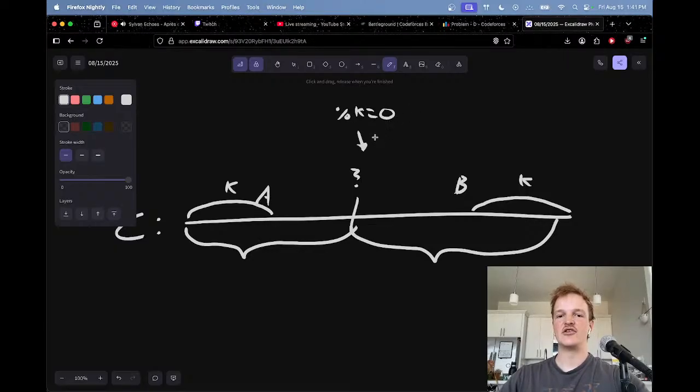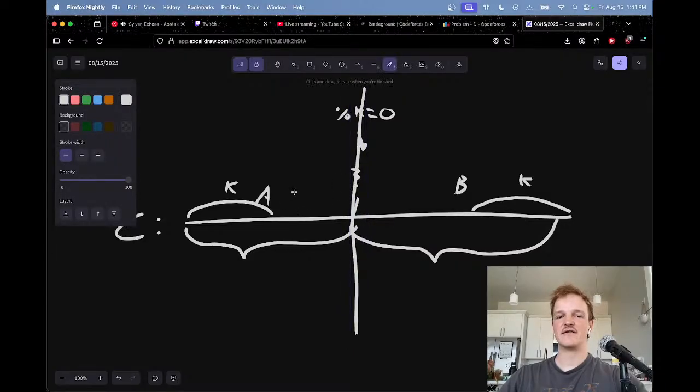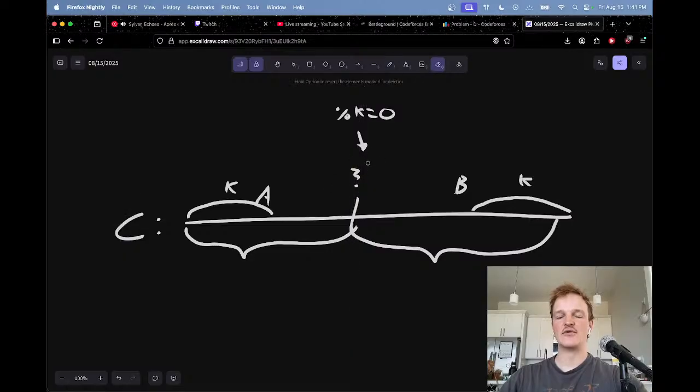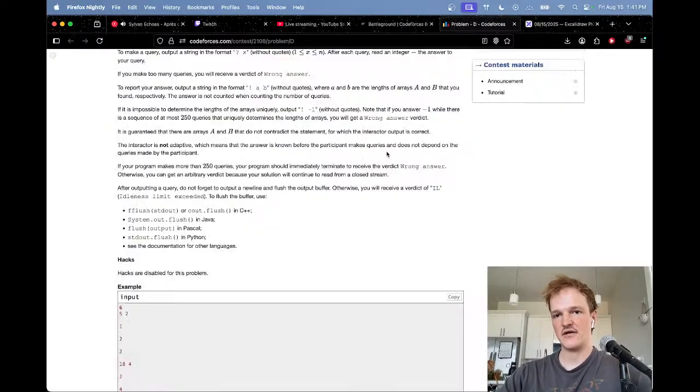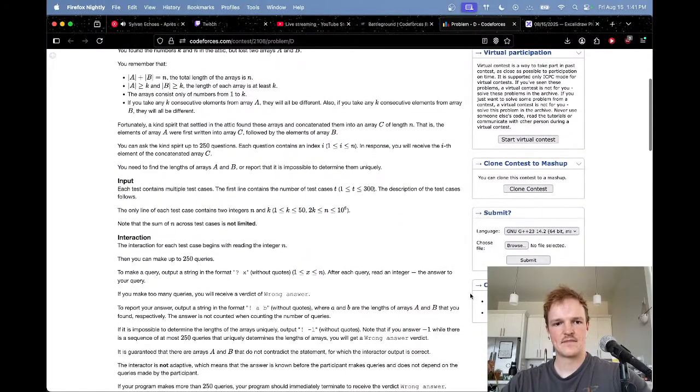Because then you would just say, like, there could be any line between A and B. It doesn't matter. There's no difference between them. Or report that it is impossible to determine them uniquely. So it totally could be that.